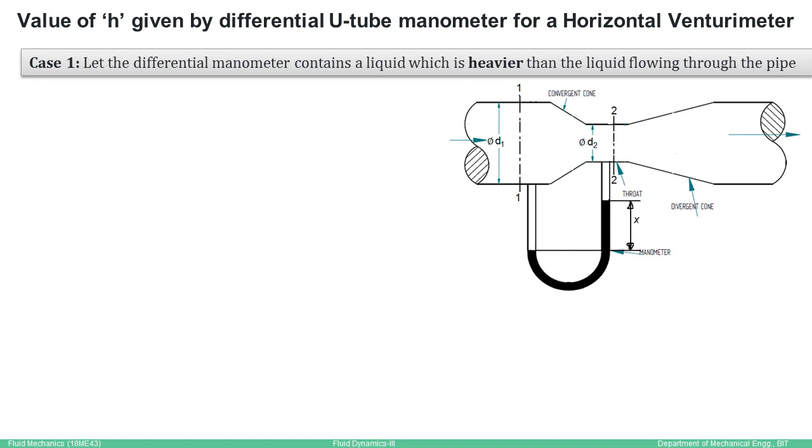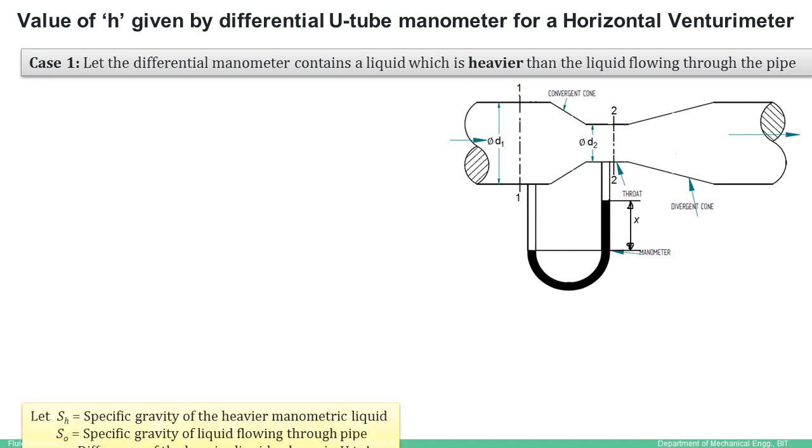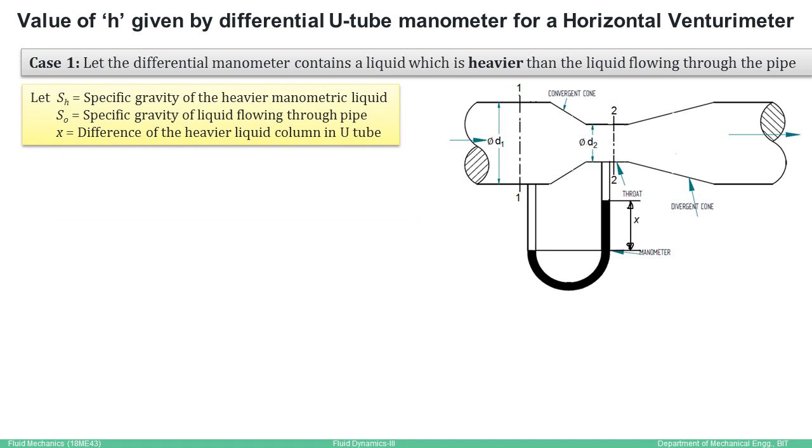Definitely at section 1-1 the pressure will be greater than the pressure at section 2-2. Now, making use of this, the difference between the manometric levels in the left and right limb is x, and making use of that, we can come out with this expression for h.